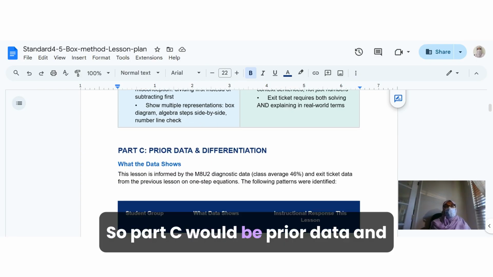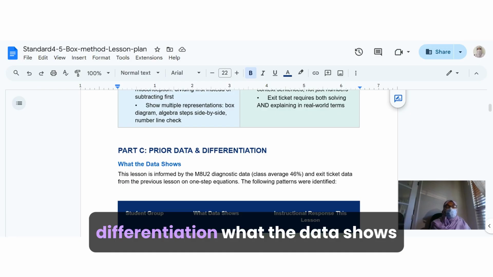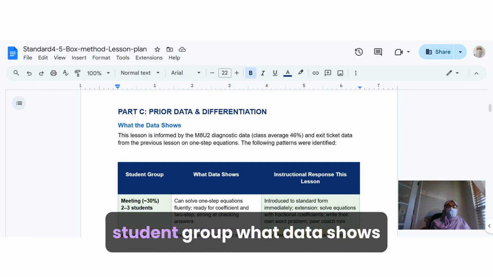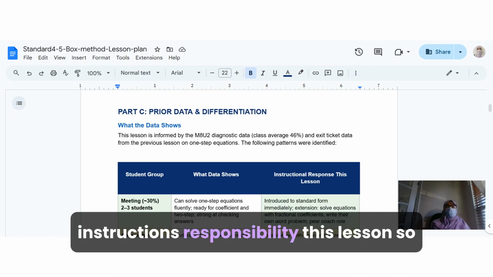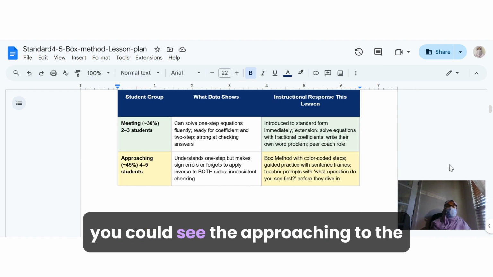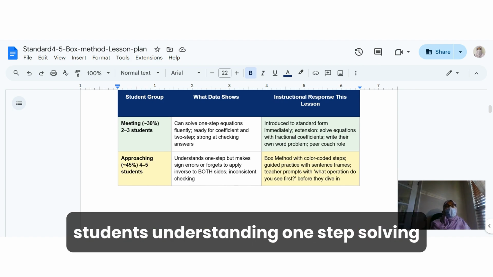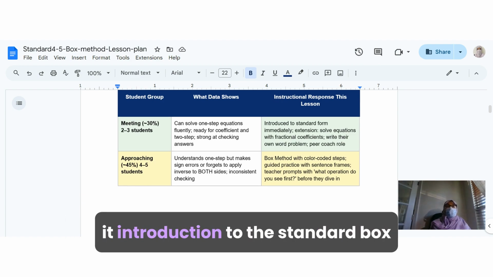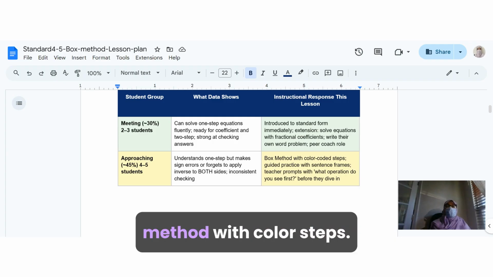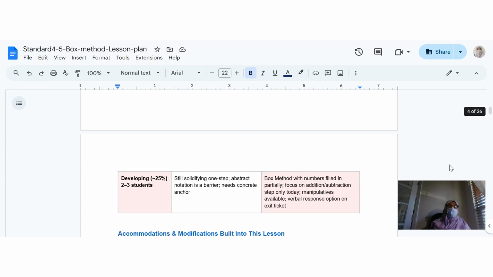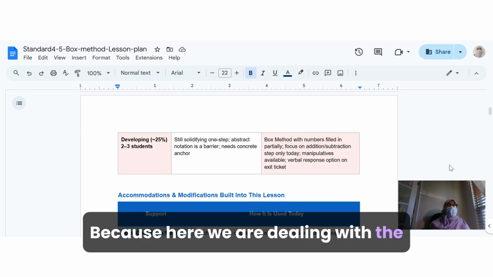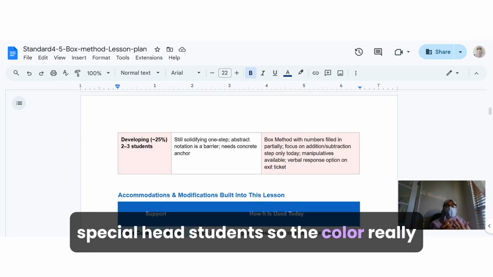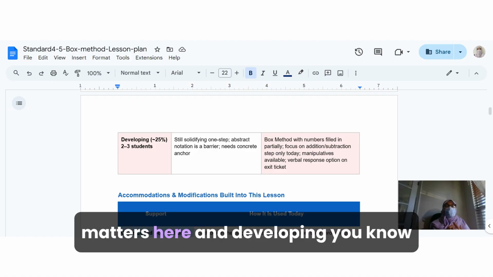So part C would be prior data and differentiation: what the data shows, student groups, instructional responsibility this lesson. So you could see the approach to the students: understanding one step, solving it, introduction to the standard box method with color steps. Because here we are dealing with special ed students, so the color really matters.